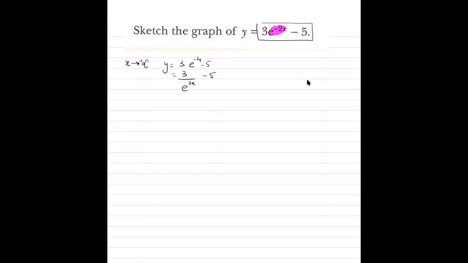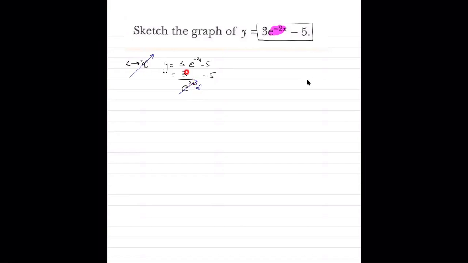So when your x approaches a very high positive value, your denominator, e raised to the power of 2x, is going to approach a very high value. So I can say that it is going to reach infinity.